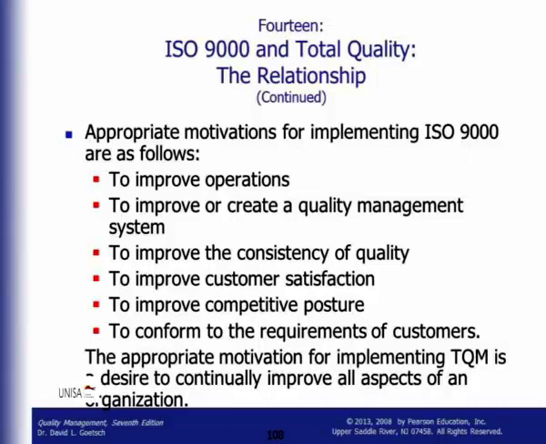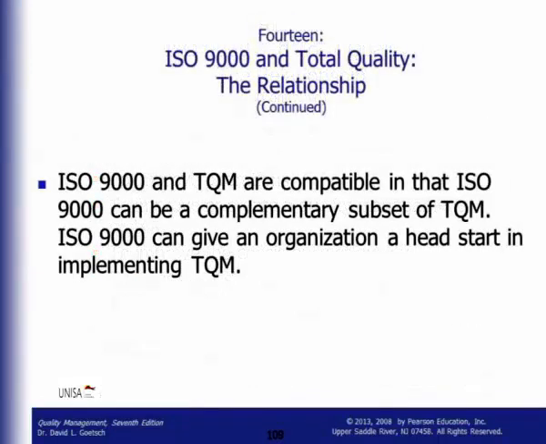The appropriate motivation for implementing TQM is a desire to continually improve all aspects of an organization. ISO 9000 and TQM are compatible in that ISO 9000 can be a complementary subset of TQM. ISO 9000 can give an organization a head start in implementing TQM.